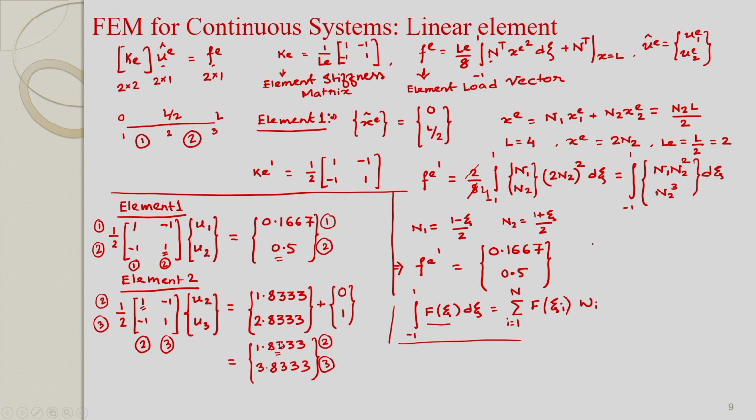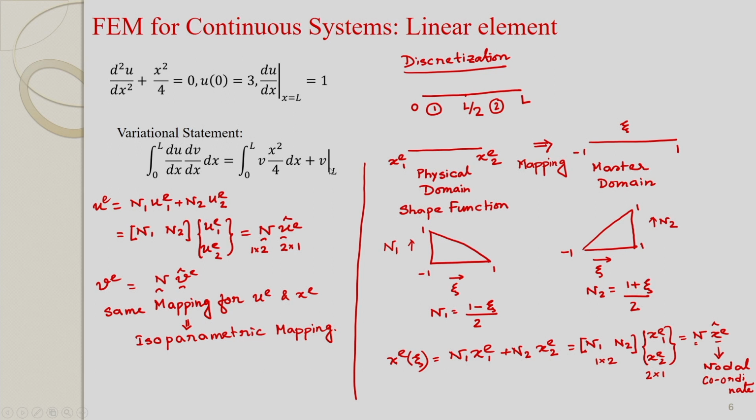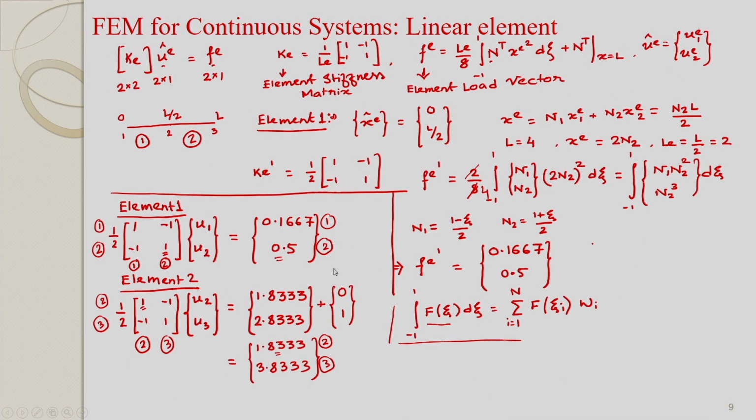Thus, we can write the elemental equation for each element. One important note for this problem is that we have some Neumann boundary condition which appears in the variational statement at x equal to L, which finally reflects in the second element by this term, and thus we can construct the elemental equation for both elements.